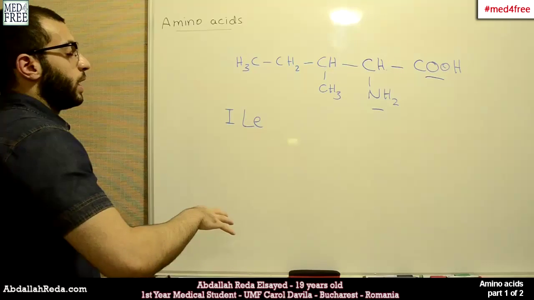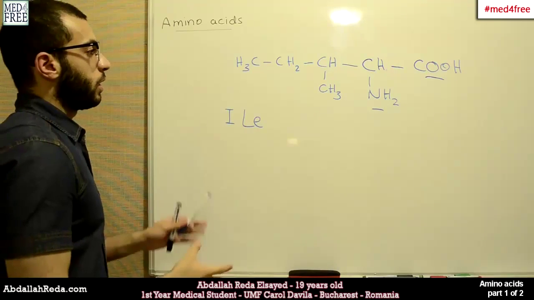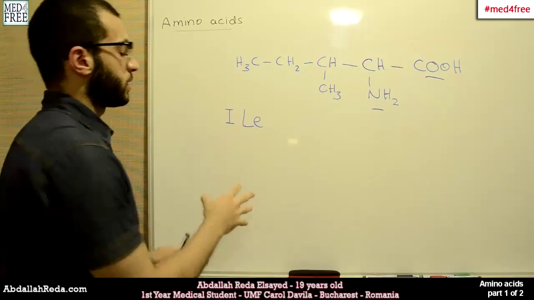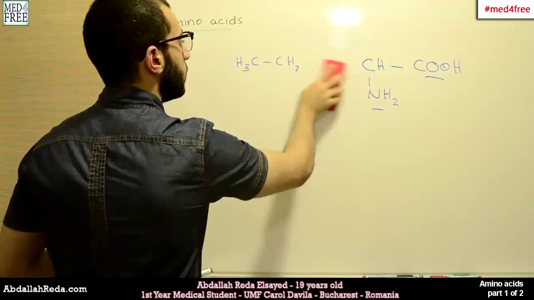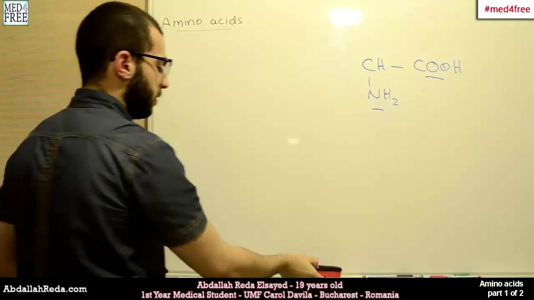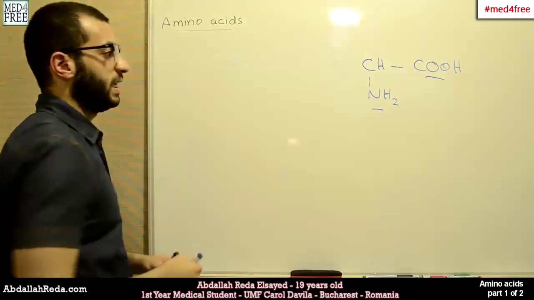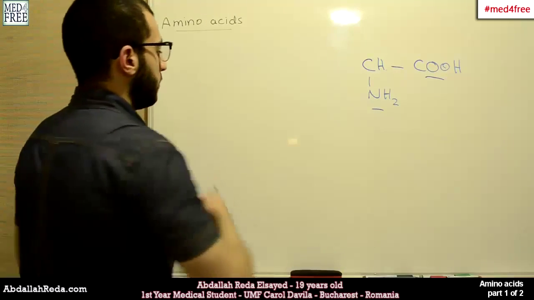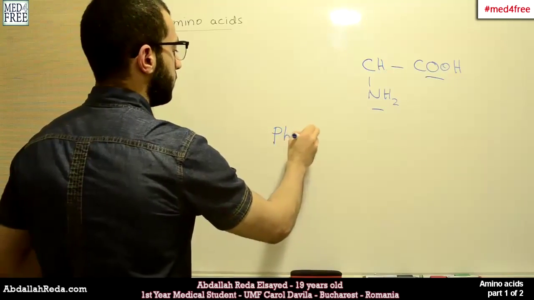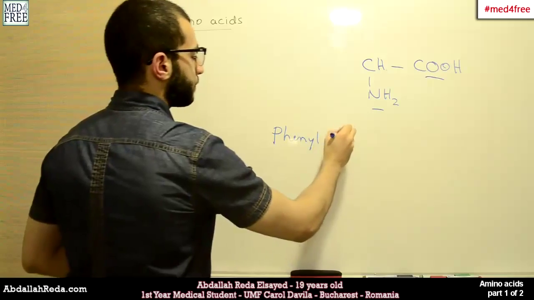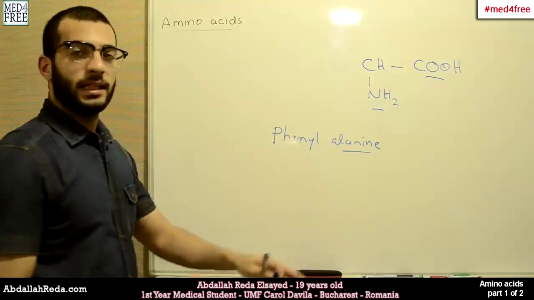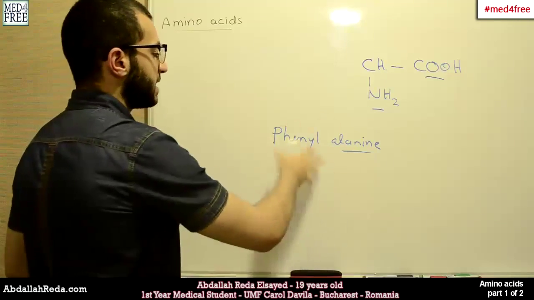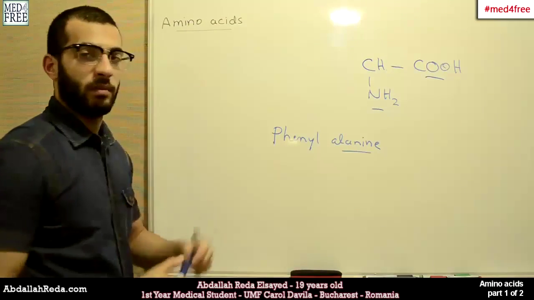Now we go to another group of amino acids, the ones that have cyclic structures. For example, we have an amino acid called phenylalanine. From the name, apparently, it's just like alanine, but it has a phenyl group, or a benzene ring.